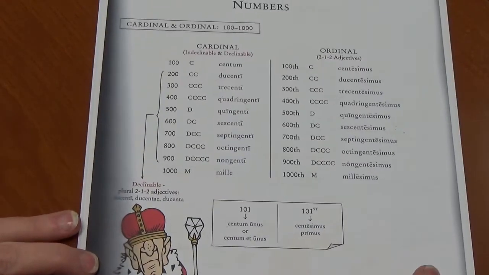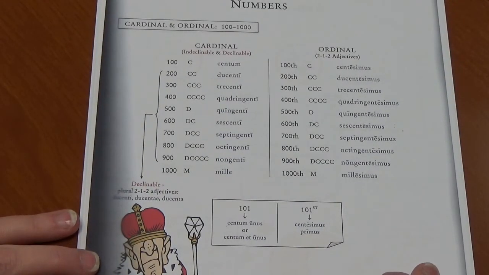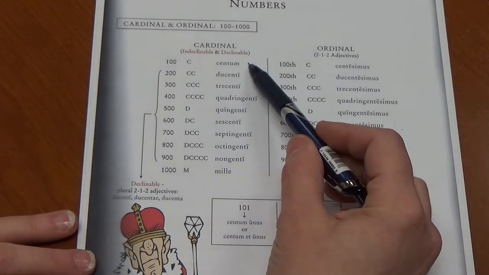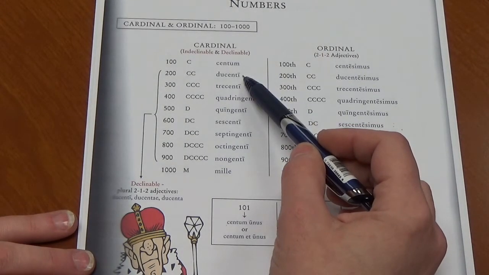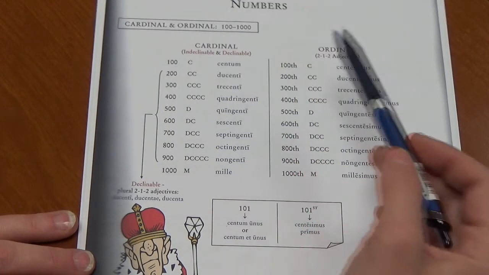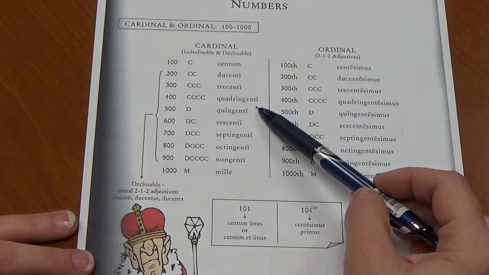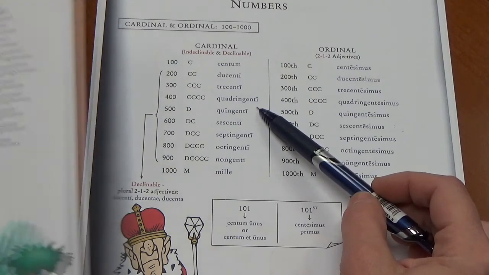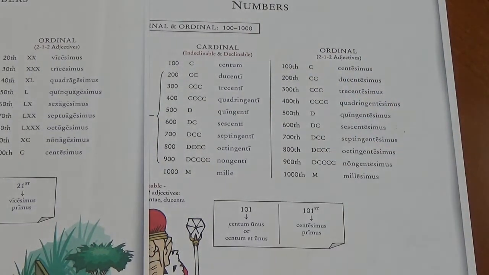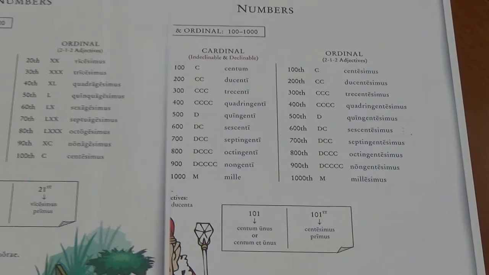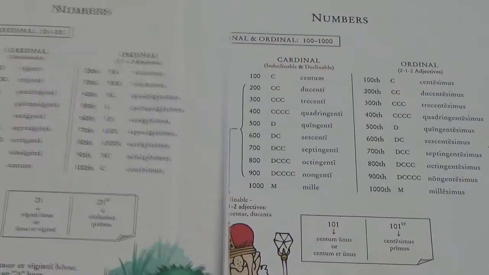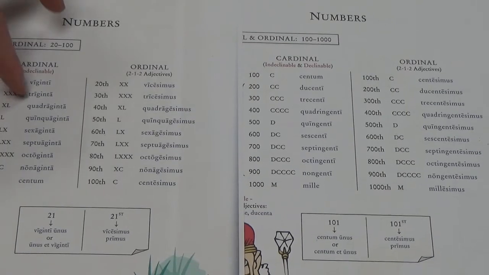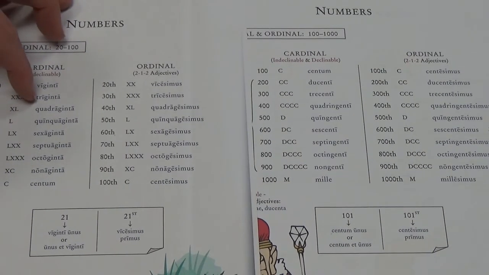Now we do 100 to 1,000. So centum, ducenti, trecenti, quadringenti. If I go back for just a moment, make sure you can see both. Quadraginta, 40.